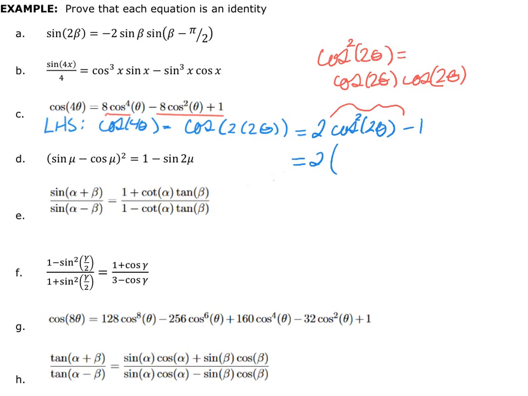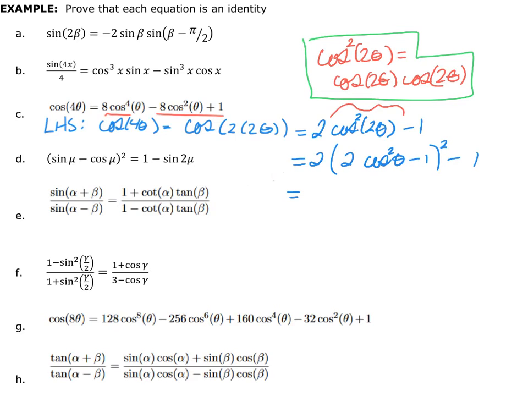So this cosine squared 2 theta is going to be 2 cosine squared theta minus 1, and then it has to be squared, because up here the cosine squared 2 theta is cosine 2 theta times cosine 2 theta, which means what I really have is 2 cosine squared theta minus 1, put the quantity squared.